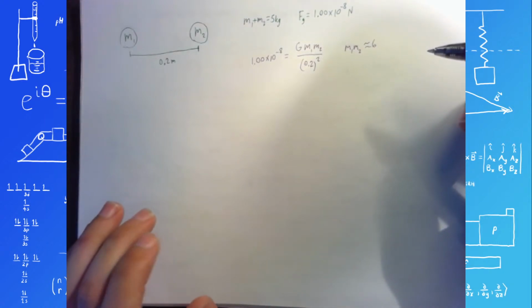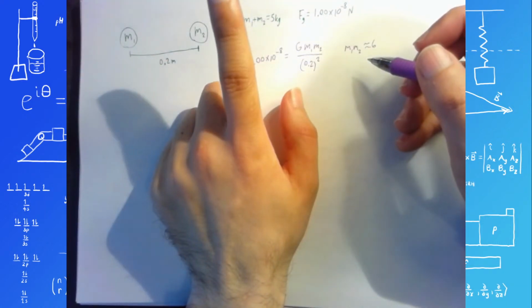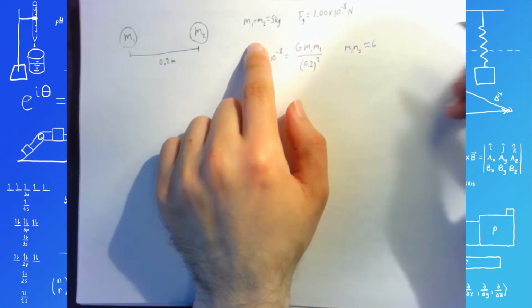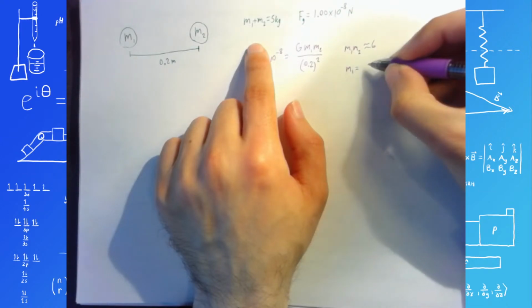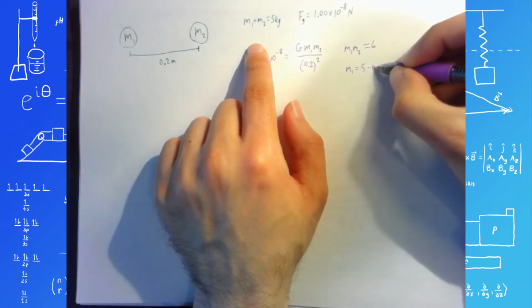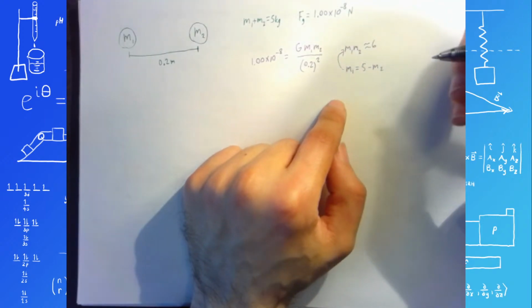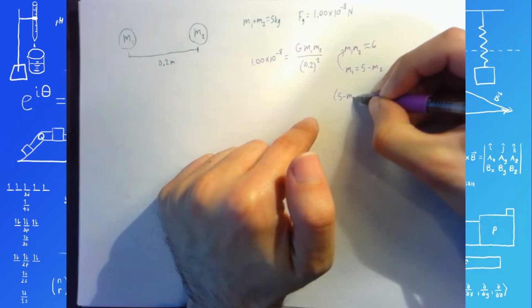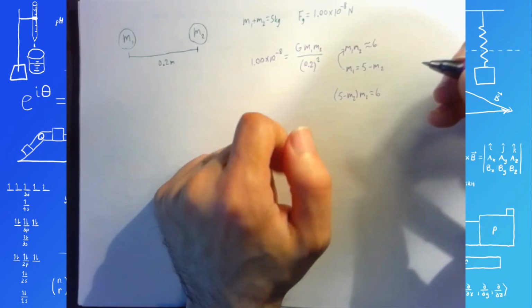Something we can do here is we can solve for one of these masses. Let's say I subtract m2 on both sides, and that tells me that m1 is equal to 5 minus m2. And then take this and plug it in for m1 over here. So I get 5 minus m2 times m2 is equal to 6.